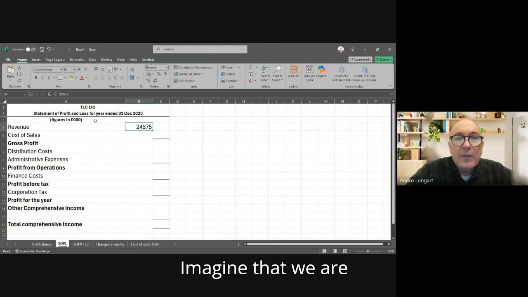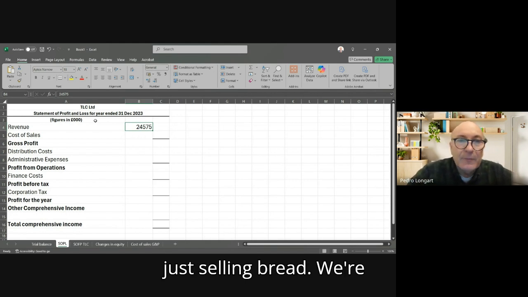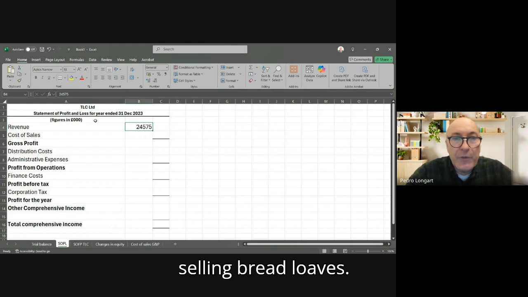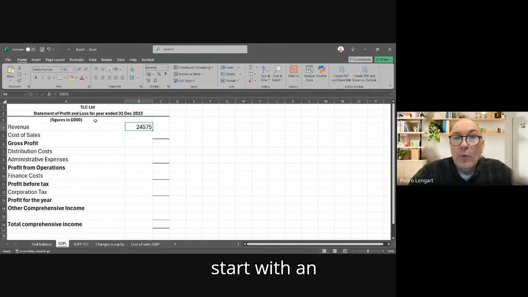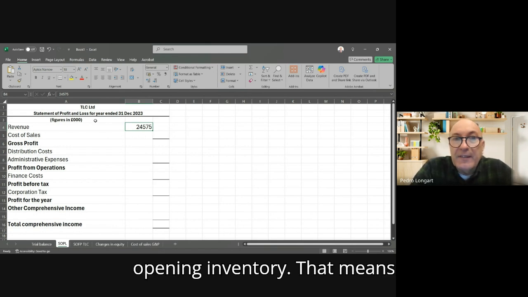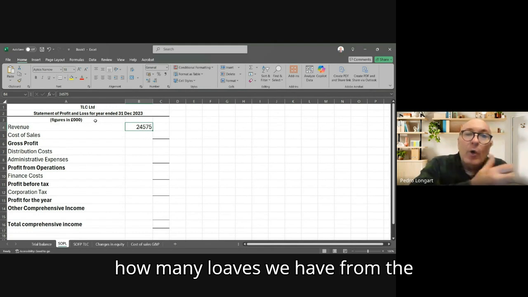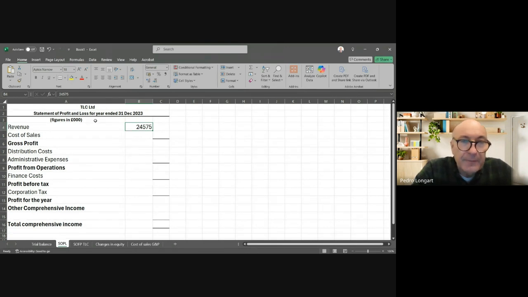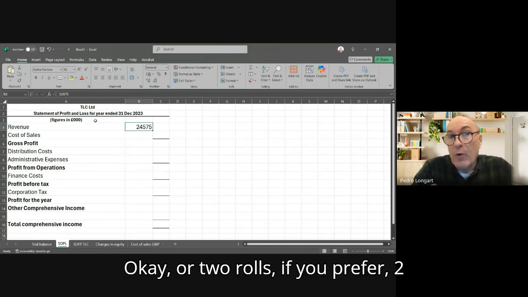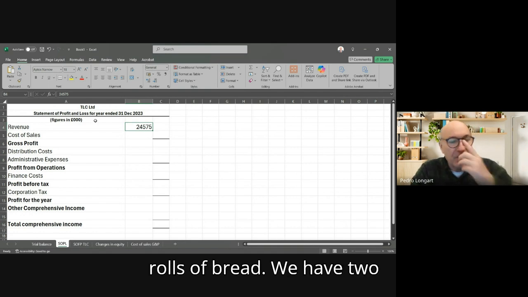Imagine that we are just selling bread loaves. That's all we do. Then we start with an opening inventory. That means how many loaves we had from the day before. Imagine we had 2 loaves, or 2 rolls of bread.